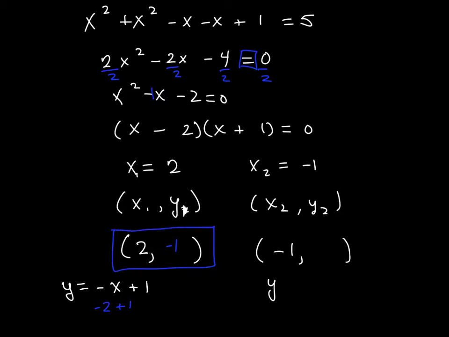Again, going back to y is equal to negative x plus 1, for this one it's negative times negative 1 plus 1, so my y value here is 2. So those are the two different solutions that I have. Again, you must write your answers as a point. Now we're going to go on and graph this.